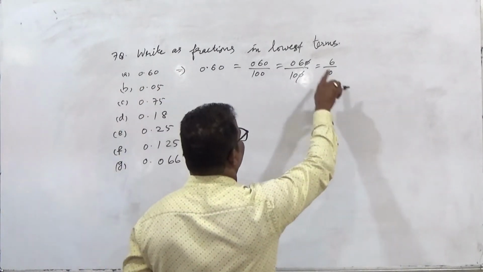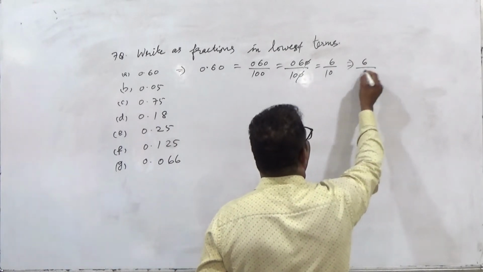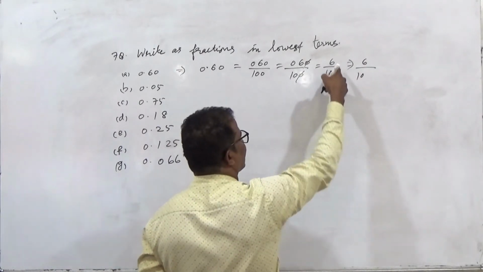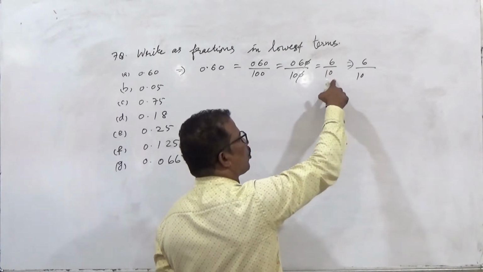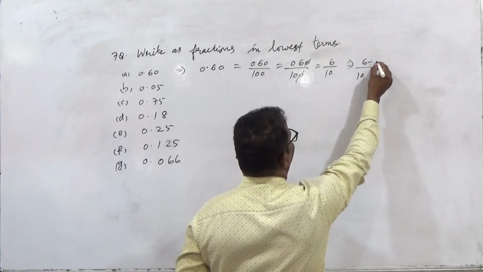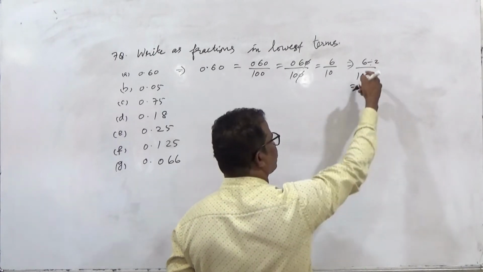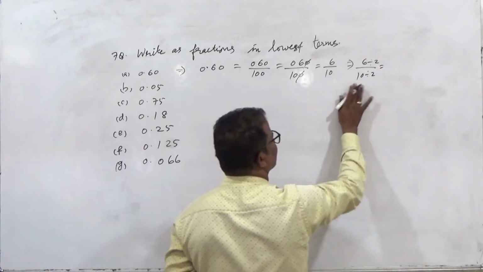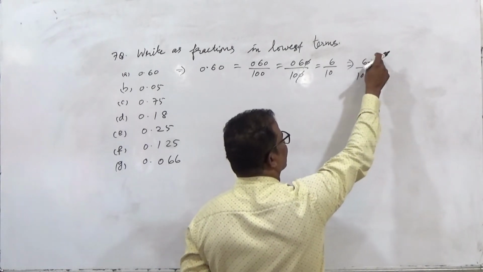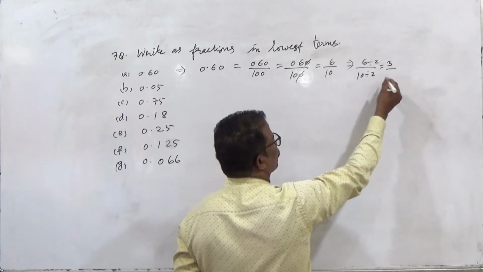This fraction we have to convert into lowest term. How it is, we can see here. The common factor among 6 and 10 is 2 only. So with that we can divide both numerator and denominator by 2. So if we divide 6 by 2 we get 3, and we divide 10 by 2 we get 5.